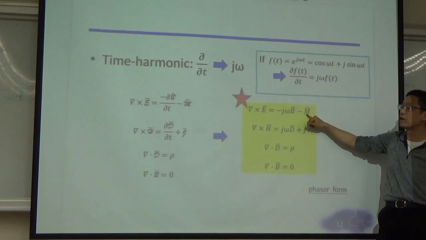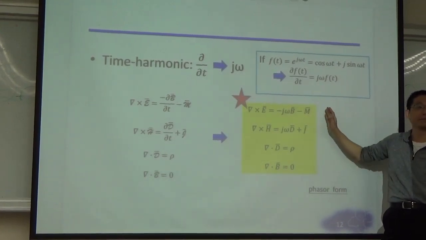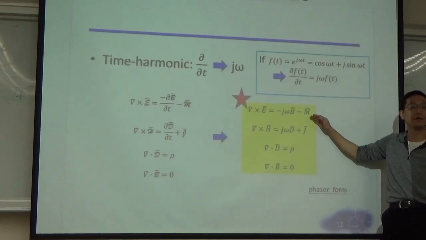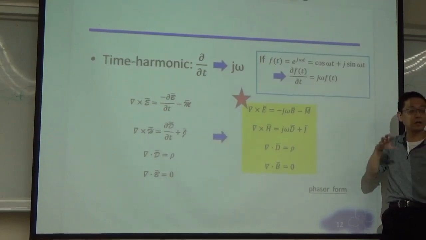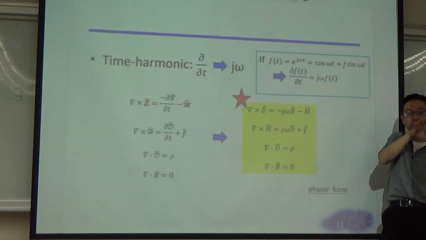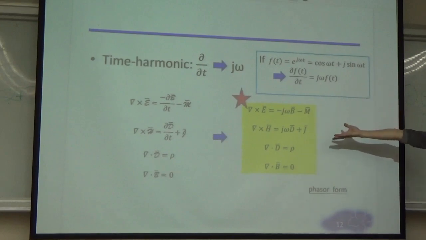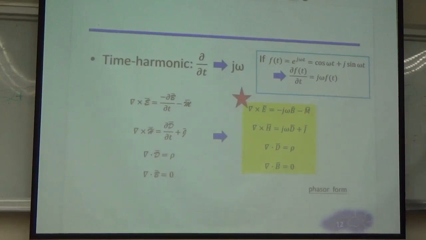But the thing is here, there are no time issues inside. And then if you want to get back to equations relevant to time, you just directly multiply your equation by exponential j omega t. Okay? Are we clear?